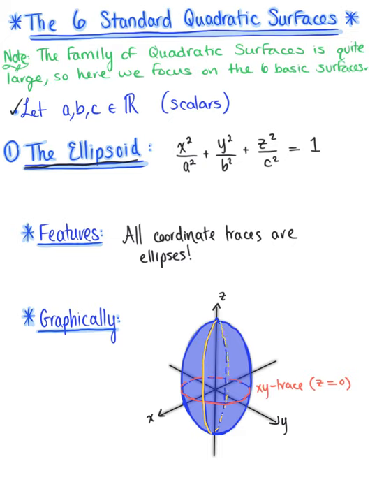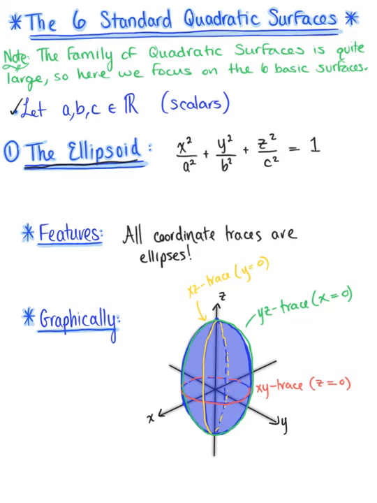Your xz trace is when y is equal to 0. And last but not least, we can see our yz trace going around our ellipsoid. This is our yz trace, and that's when x is equal to 0.